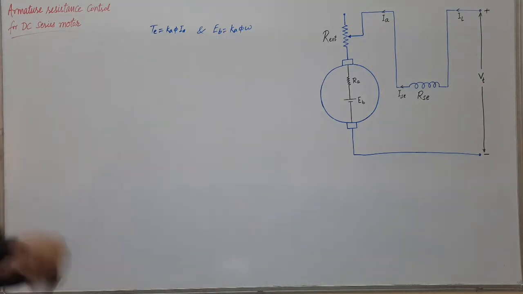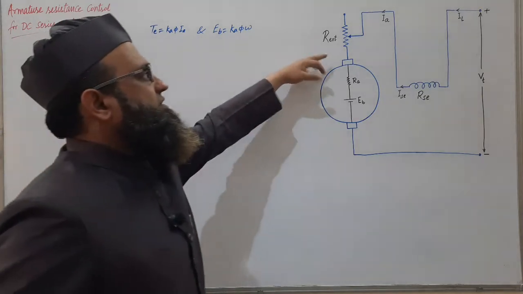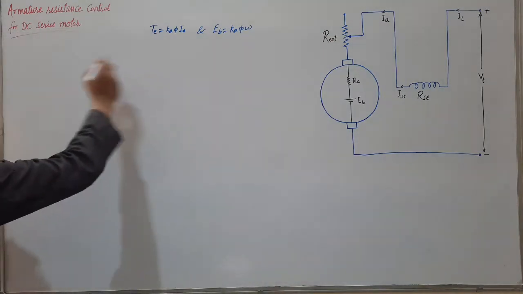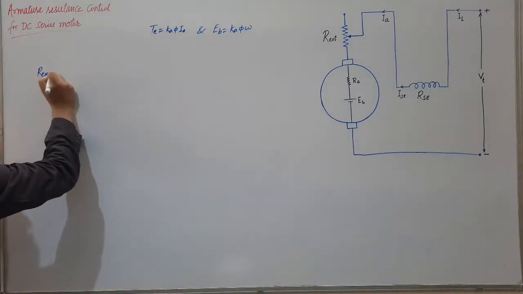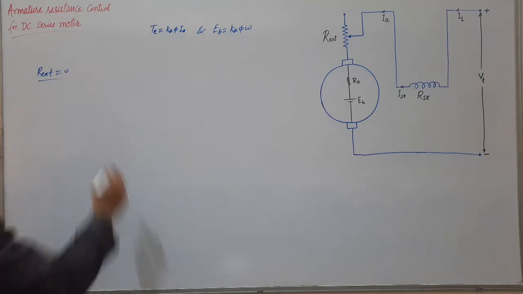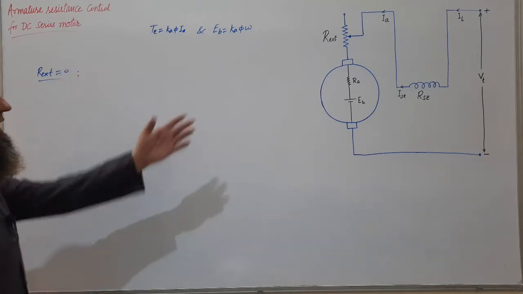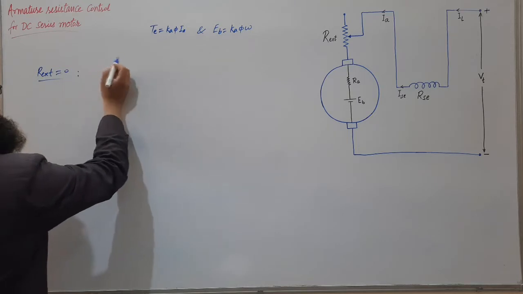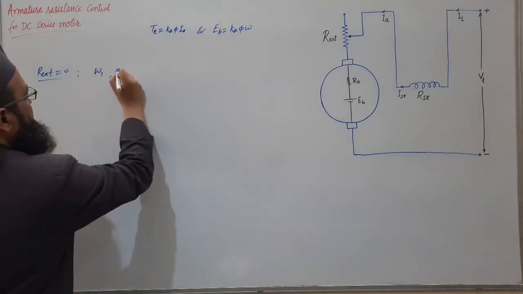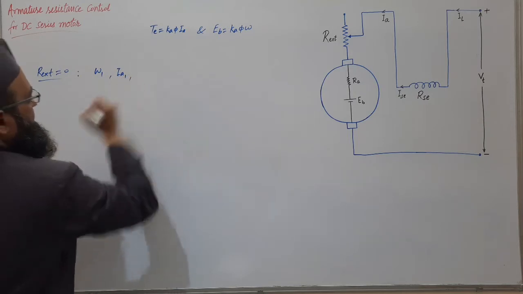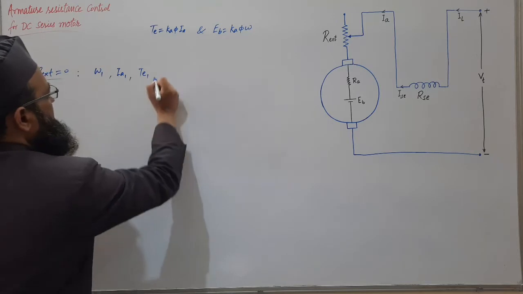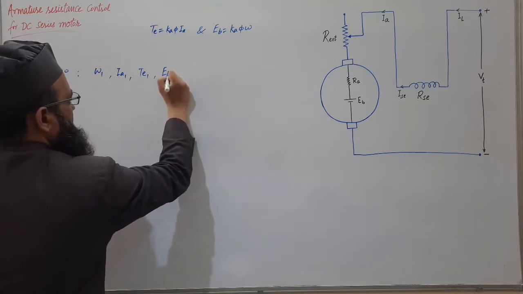Let us take two cases. One base case when Rext is not added, that is put 0, fine. So when Rext is 0, not added, in that case let us represent the speed by omega 1, armature current by Ia1, corresponding torque by Te1 and back EMF by Eb1.